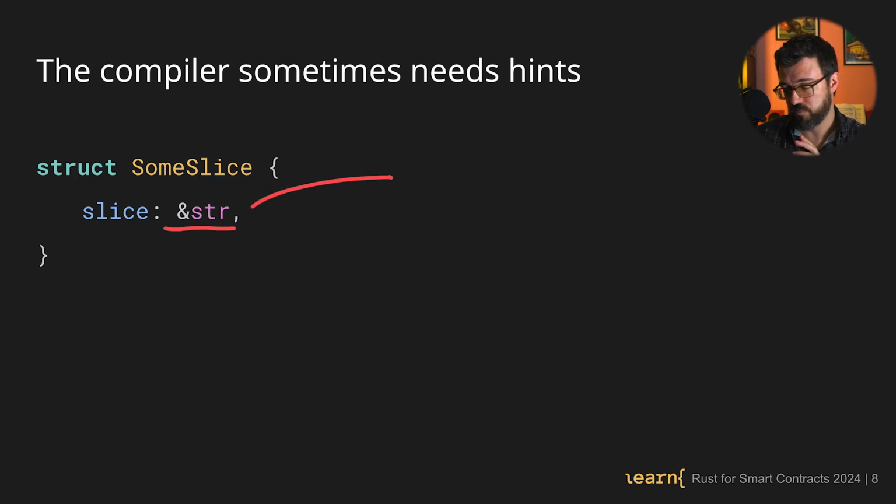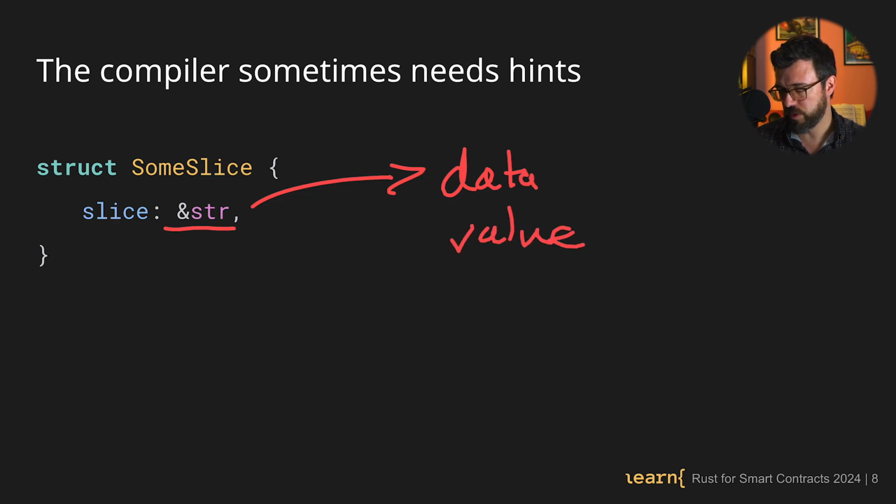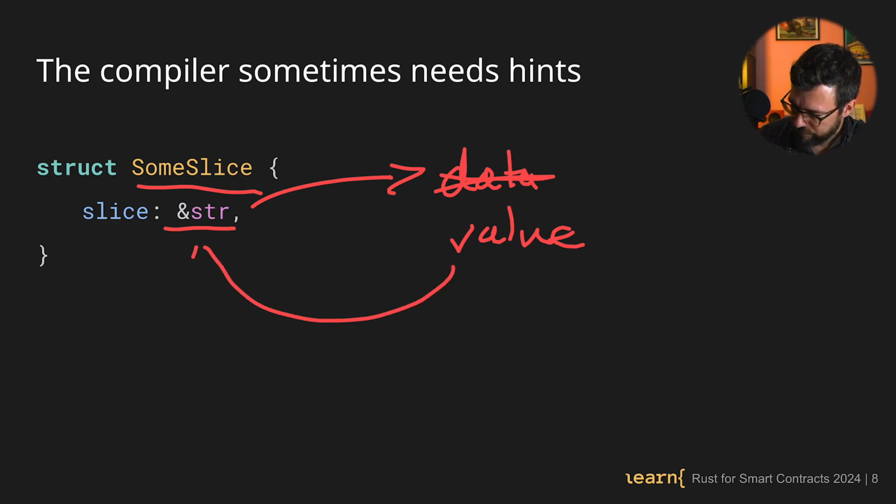Like this refers to some other data that is unknown, right? Some other value, it's called value by convention, that is, who knows how long it will last. So right now, the compiler is concerned that I'm going to create a new SumSlice and provide some reference here, a reference to some value.